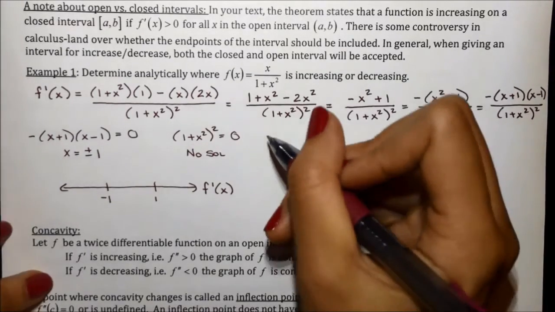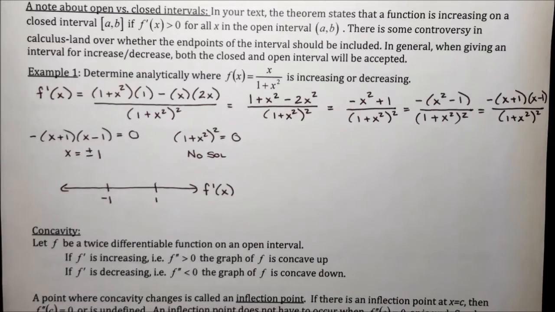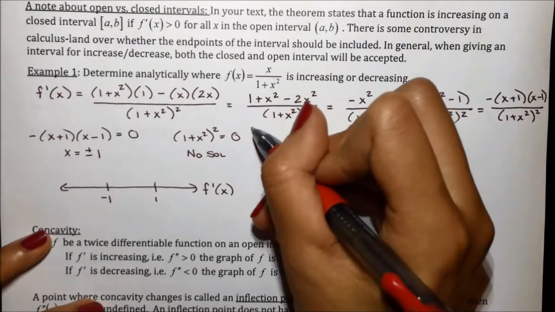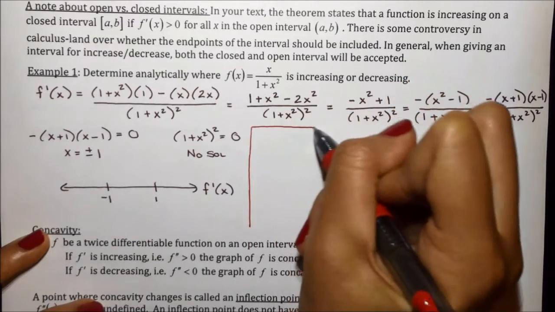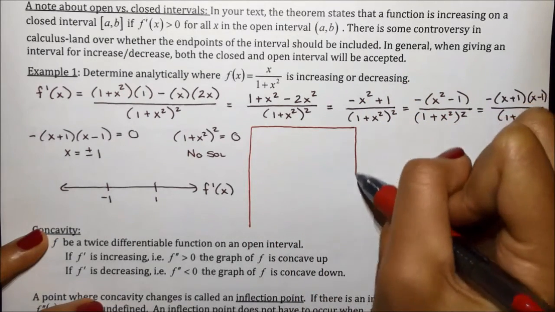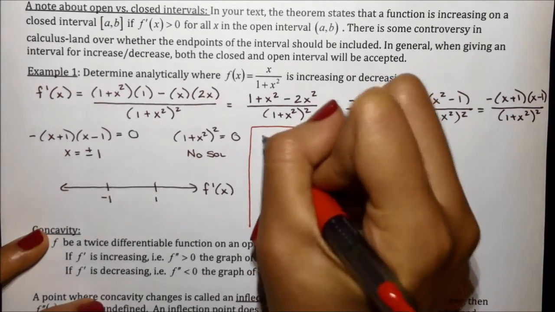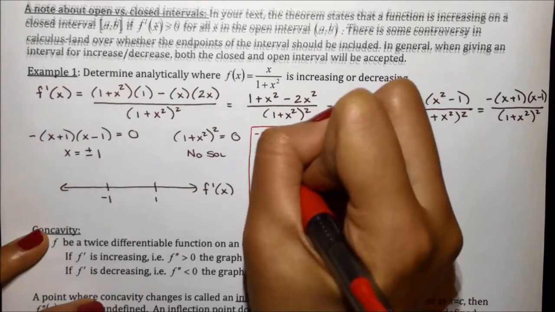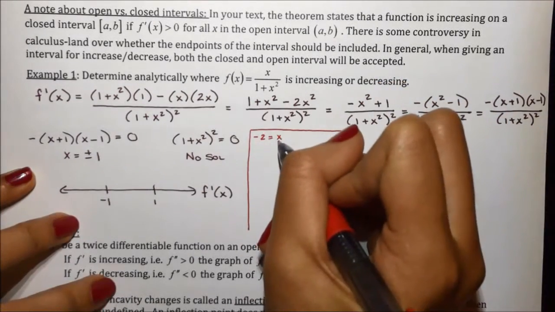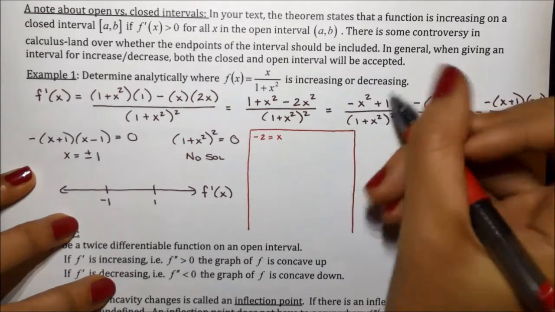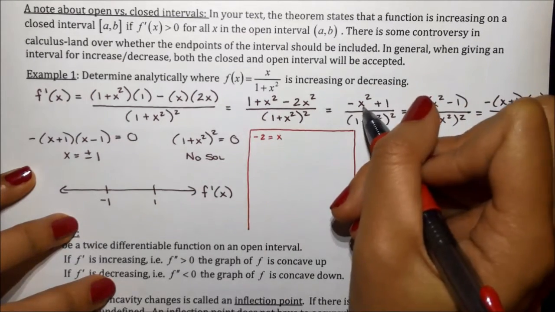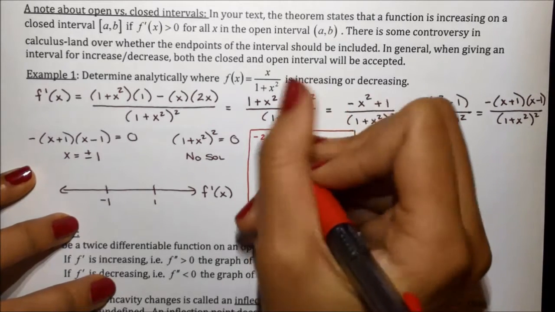So if I'm going to do some test values, I'm going to do it right here. These are just going to be my test values. I'm going to do -2. Okay, so if I plug in -2 for x, any one of the derivative equations is going to work, but I'm going to plug it into this one.